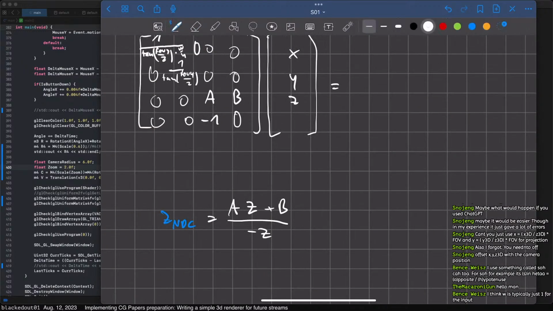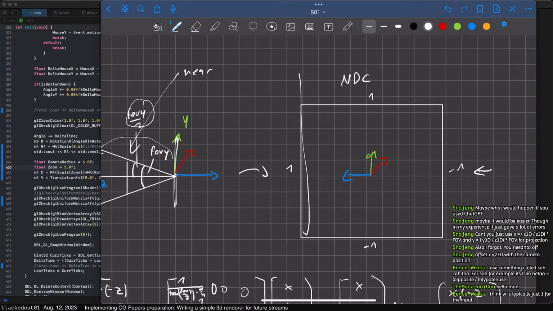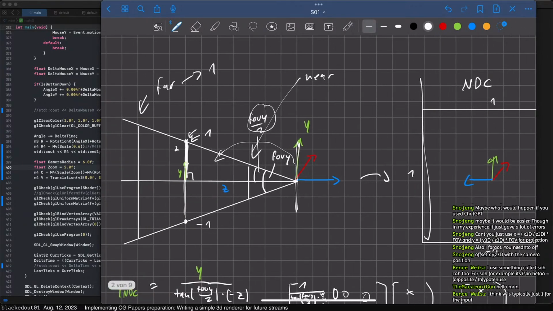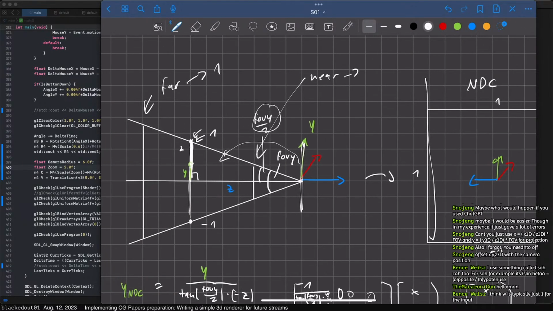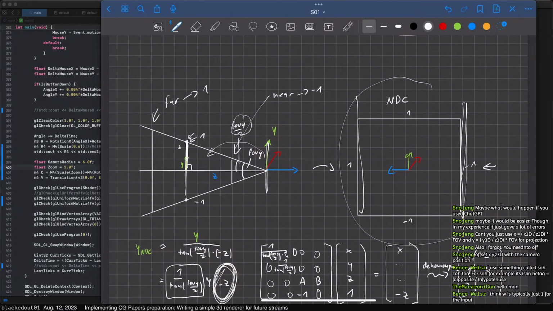So this is just 1. Exactly. Thanks. So we want the far plane to be mapped to 1 and the near plane to be mapped to -1, like you can see here, because this is the transformation we want to do. Like this is what OpenGL wants us to do.